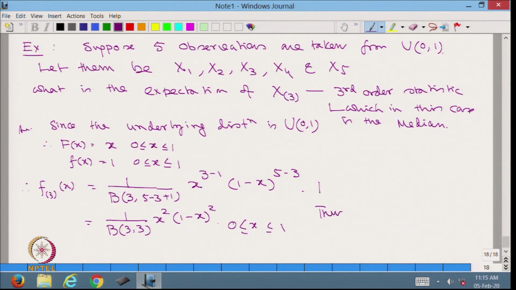Thus, X3 has a beta 1 distribution with parameters 3, 3.